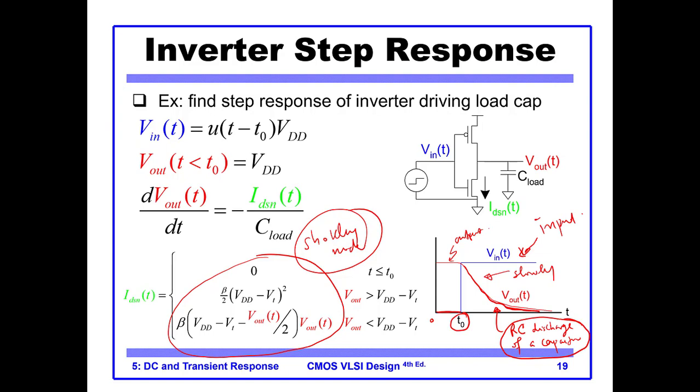So the RC discharge and RC charge of a capacitor are very important to determine the delay of a CMOS circuit. Okay, and this comes from the transient response. In this case, the particular transient response we are talking about is the step response. So this is a unit step response.